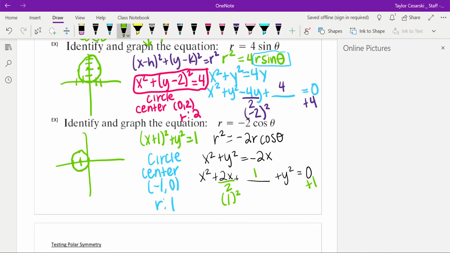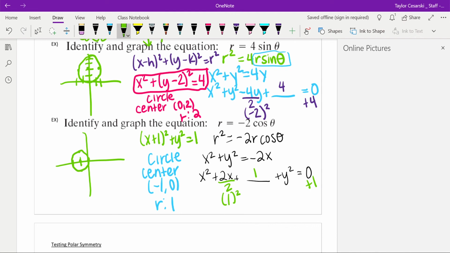So when you have a circle, if it's a sine, it's going to lie on the y-axis, and think about it, that's because you have an x squared that's 0. And if you have just r equals cosine, that's going to lie on the x-axis. So that's not a coincidence, that's a pattern that's going to occur there.